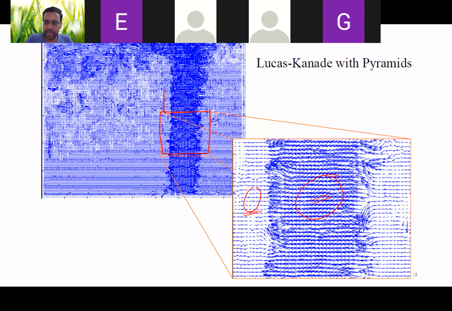Okay. And the next question for you is this region. There are some issues. What are the factors that might be contributing to the issues there as far as the displacement field is concerned?